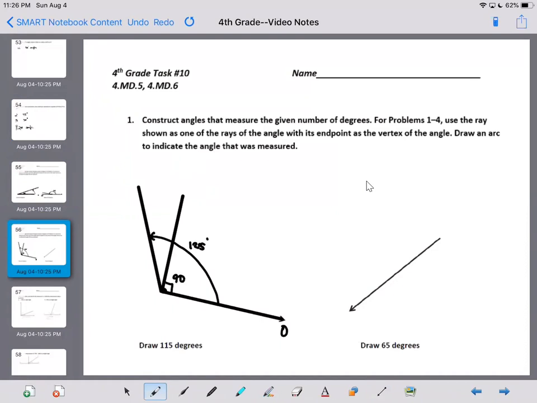And if I need to get to 115, 10 to get to 100, and then 15 more, so that'd be 25 degrees beyond the 90 degrees to give me 125. Or 115, sorry, not 125.